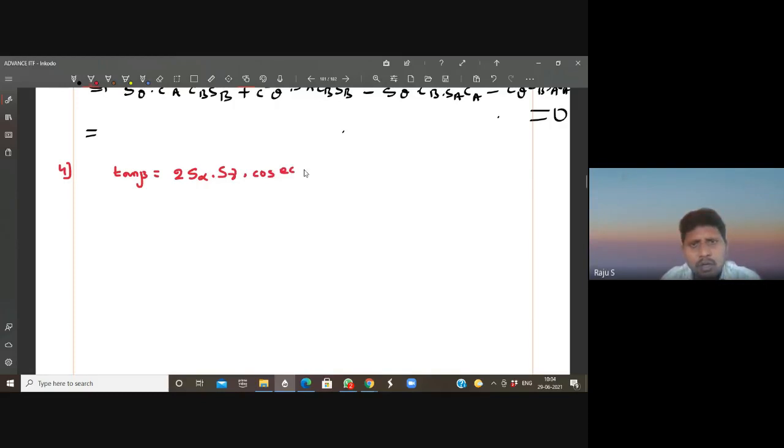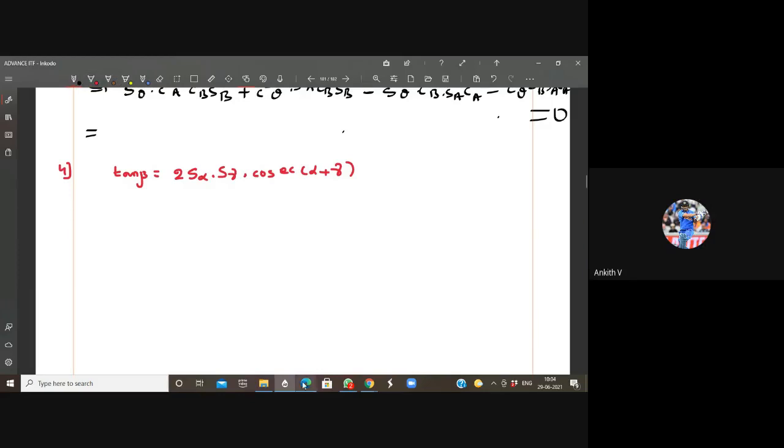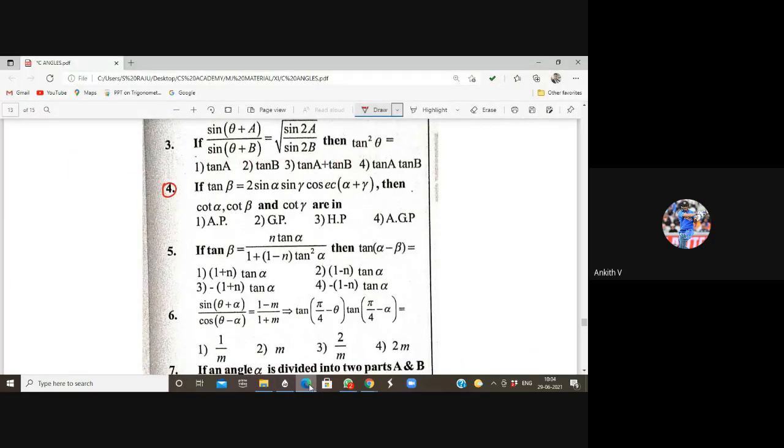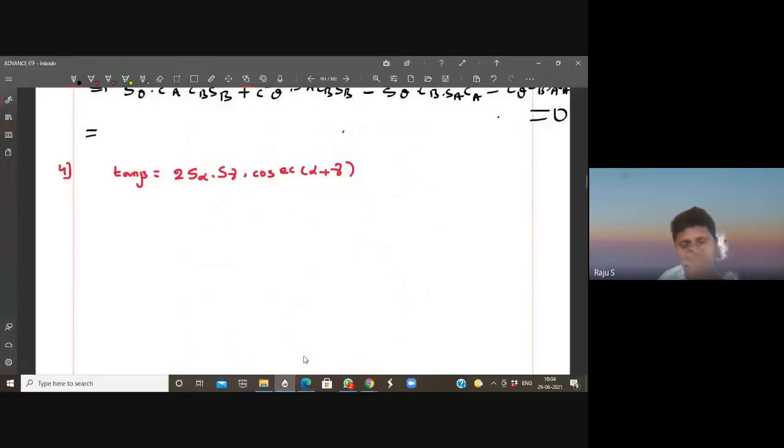Then cot alpha, cot beta, and cot gamma are in what progression? Are they in AP or GP or HP or AGP, arithmetic geometric progression, or not.